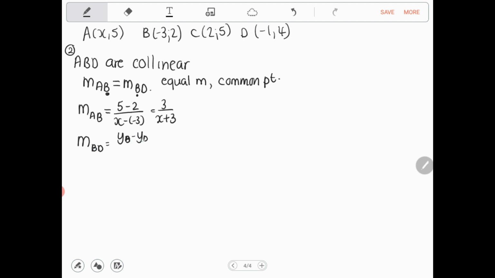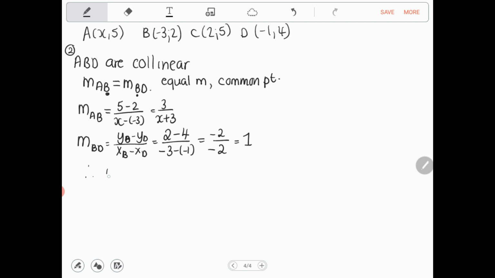Y at B minus y at D over x at B minus x at D. So we have 2 minus 4 over negative 3 minus 1. So that gives me negative 2 over negative 3 plus 1, which gives me positive 1.